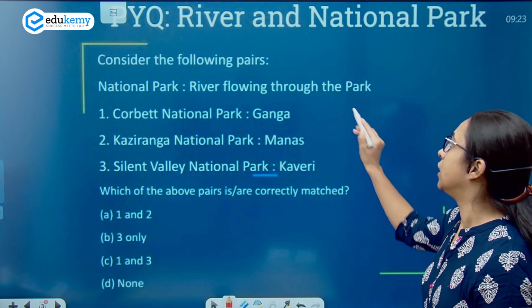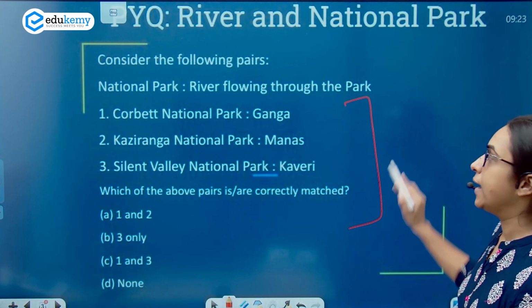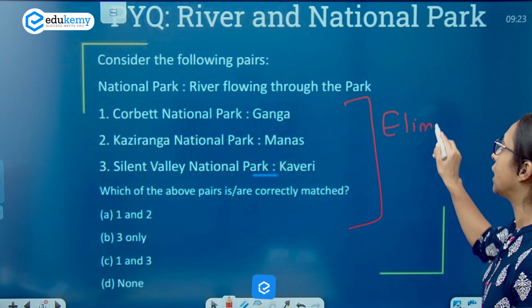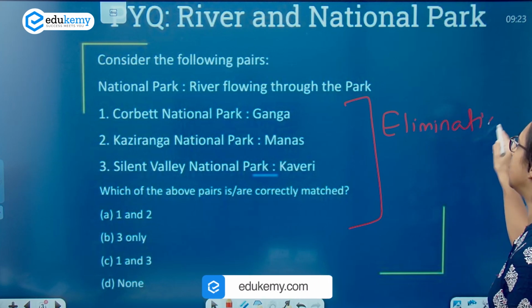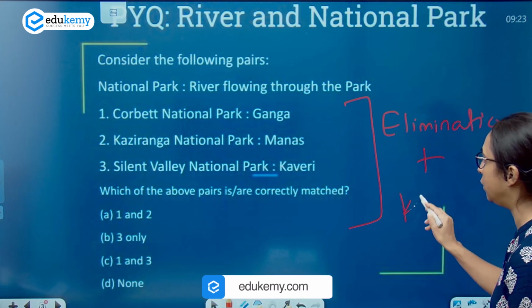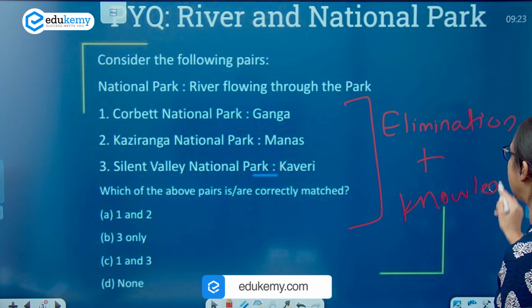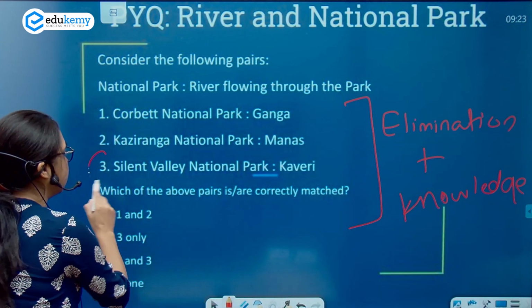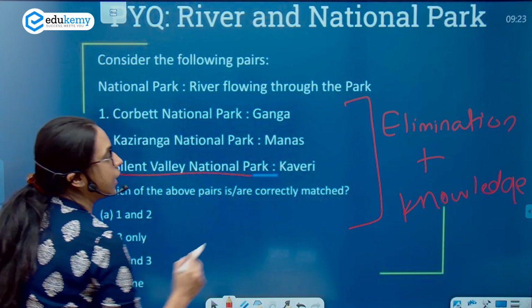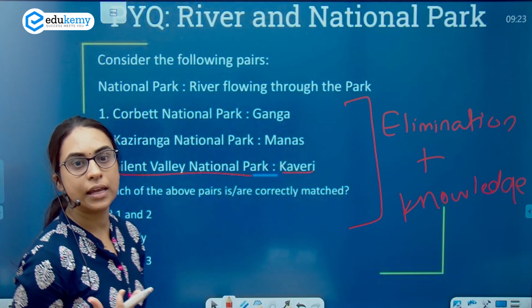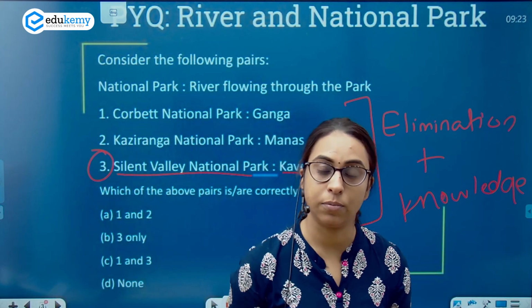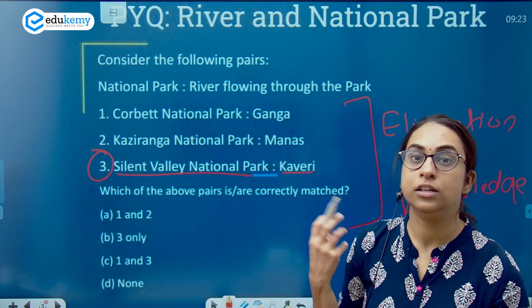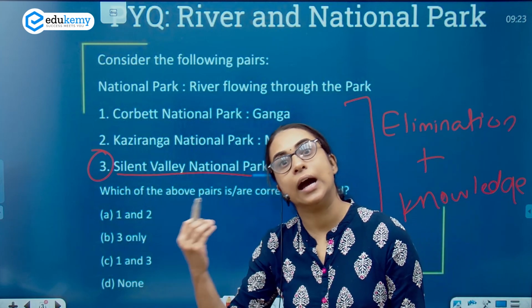This question can be answered by elimination technique as well as some bit of knowledge. Why do I say elimination technique? Now look at option number 3, the Silent Valley National Park and Kaveri. Kaveri is time and again in the newspapers because of the water disputes between Karnataka and Tamil Nadu.